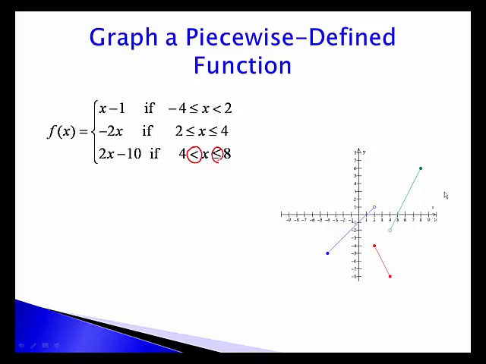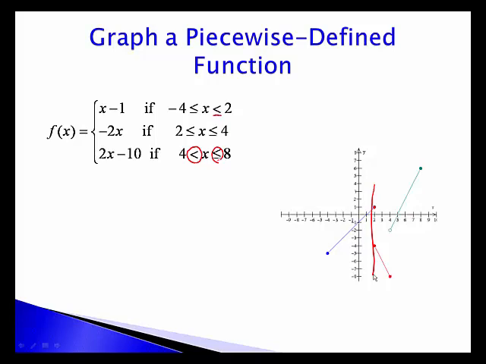Let me ask you this question. What would happen if I changed the function just slightly and I added this line right here? Well, what that would do to that first line, that blue line that we drew, is it would make this be a solid circle. My question is, would that be a problem? And the answer is it would be a huge problem, because what that would mean is now I could draw a vertical line that would touch the function in more than one place.